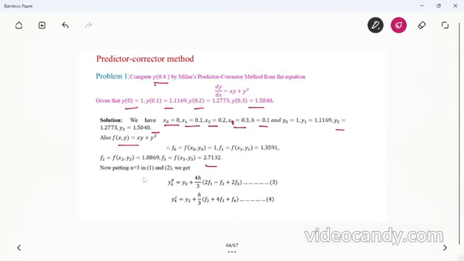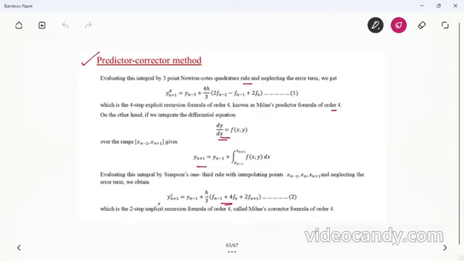Now putting n = 3 in 1 and 2, we get y4p = y0 + 4h/3 [2f1 - f2 + 2f3], and the corrector formula y4c = y2 + h/3 [f2 + 4f3 + f4].